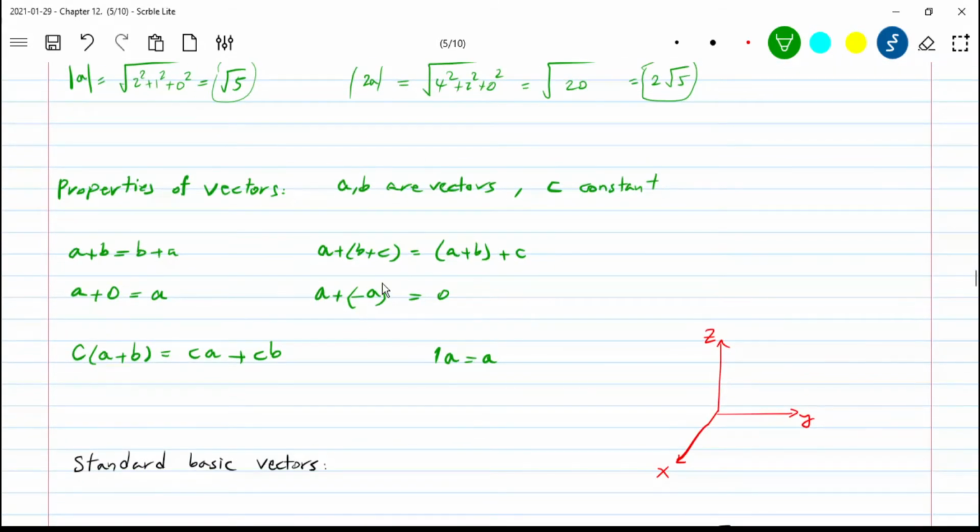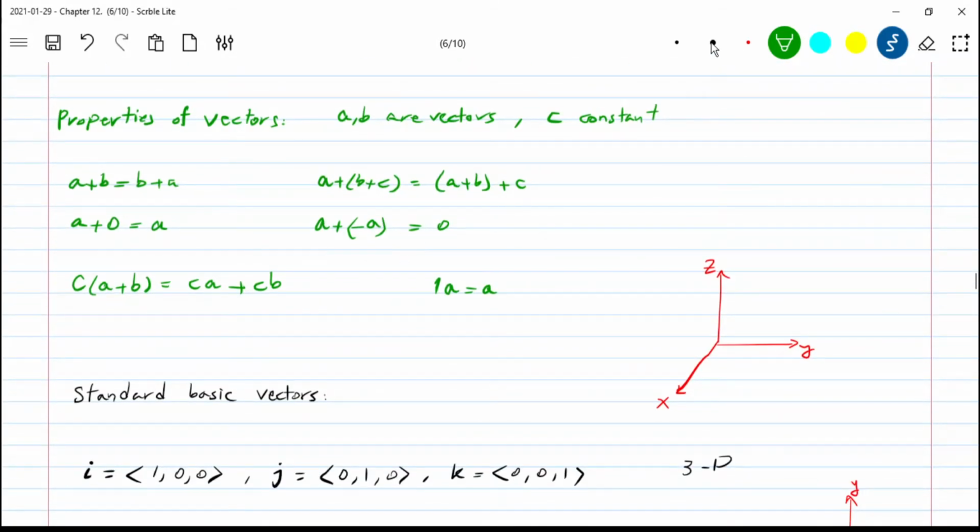So here are some of the properties of vectors a and b and a constant c. So let's assume we have a constant c. If you add vectors a and b, it doesn't matter in what order you add them together. You still get the same result. If you have a and add it to b, it's the same as writing b first, then adding it to a.